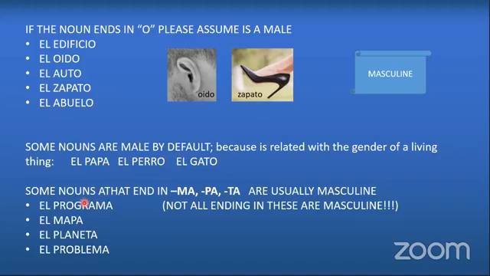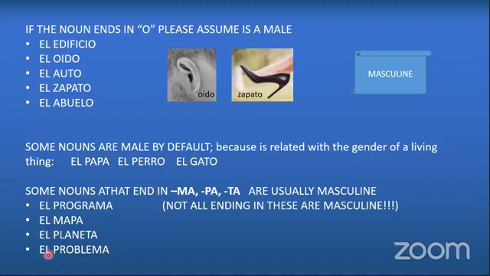Some nouns at the end may have ma, pa, or ta. They are usually masculine, but this rule doesn't apply to everything, so just pay attention. Sometimes words that end on ma, pa, ta are going to be masculine.